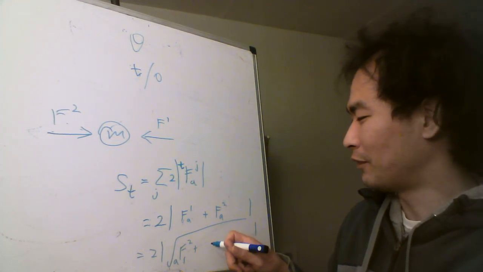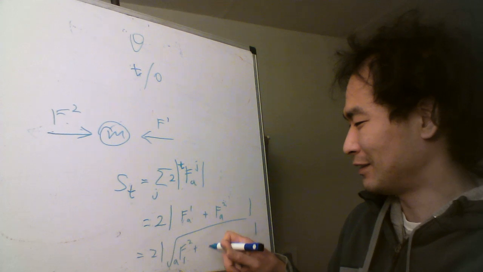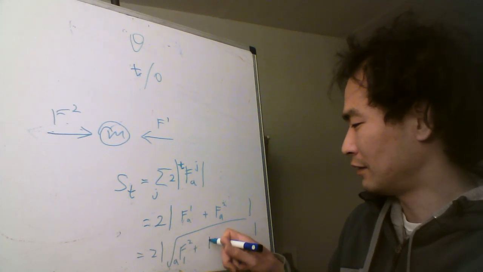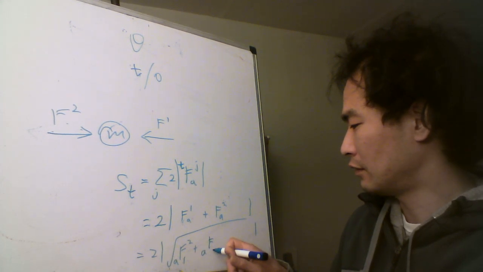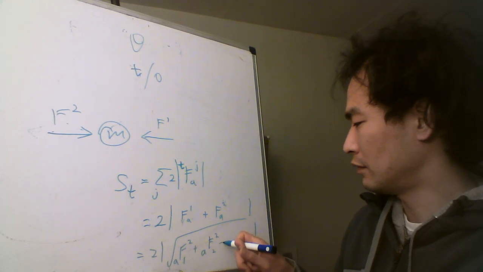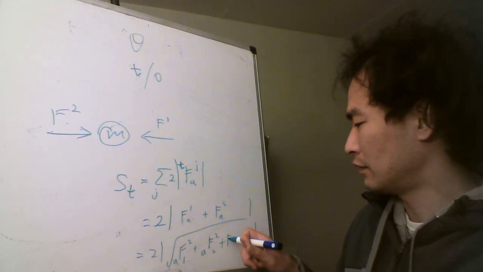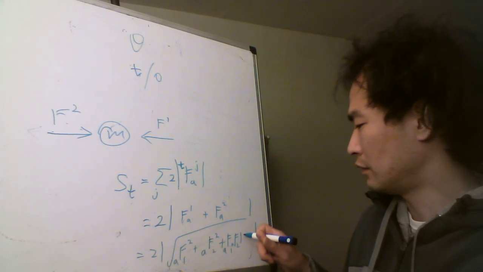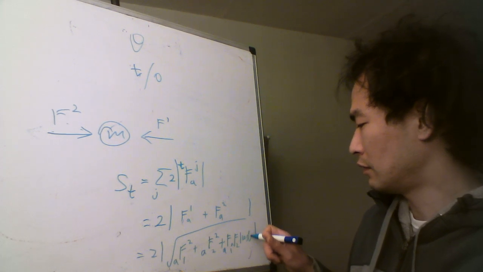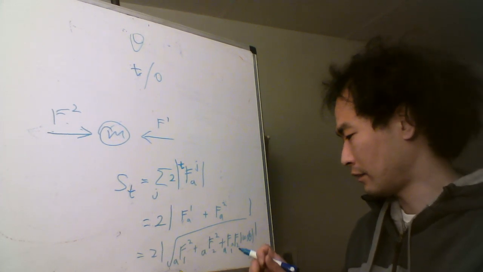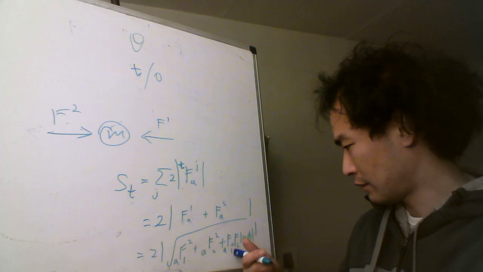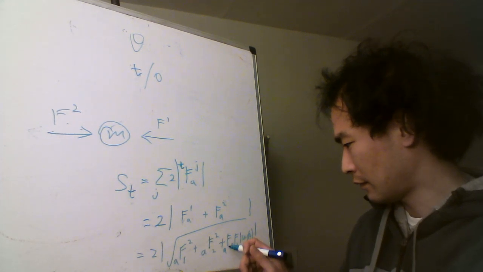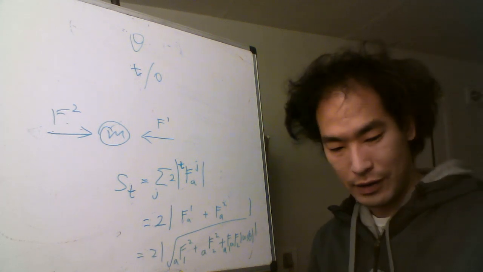Forget about all the absolute value, it's just unnecessary. Can you read this?